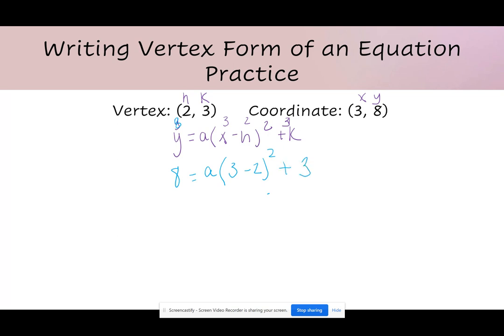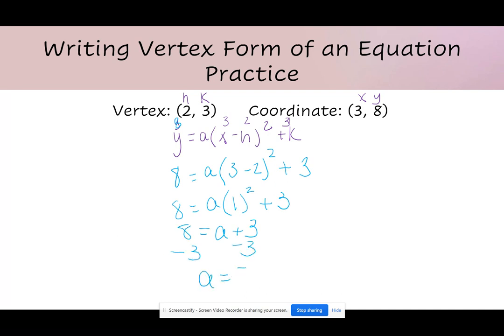So now we're just going to solve this equation. So this is why we worked so much on solving equations. So we have 8 equals a times (3 minus 2, which is 1) squared plus 3. We would do our 1 squared next, so we just get 1a plus 3 equals 8. And to solve this, we subtract our 3.